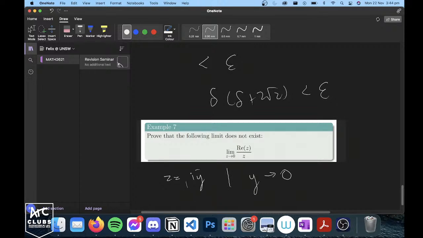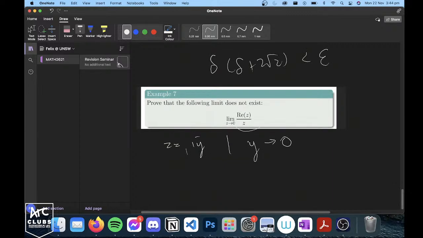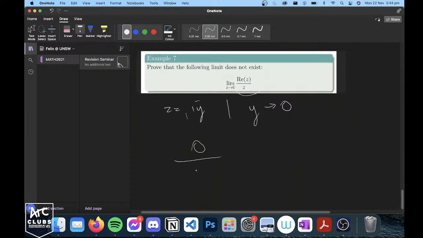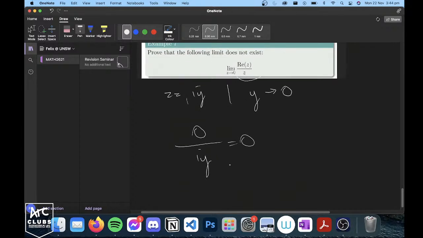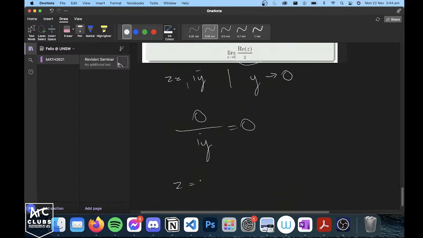Because this would still approach 0, but what would the value be? Well, the real part of it is just 0, and it will be 0 over iy, which would just be 0. Even if y approaches 0, this 0 still dominates it, so it becomes 0. But what about if you just consider z equals x, where x is approaching 0?